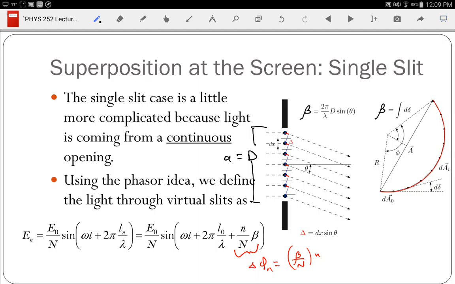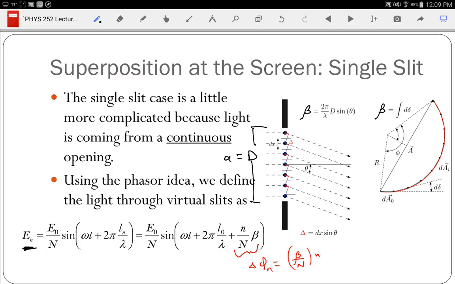Just as we did before, the electric field due to the nth slit is going to be the total electric field going through the hole divided by the number of slits.